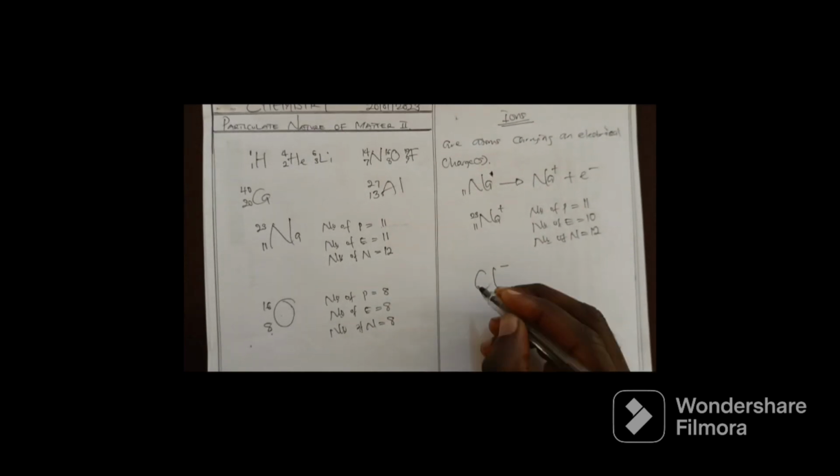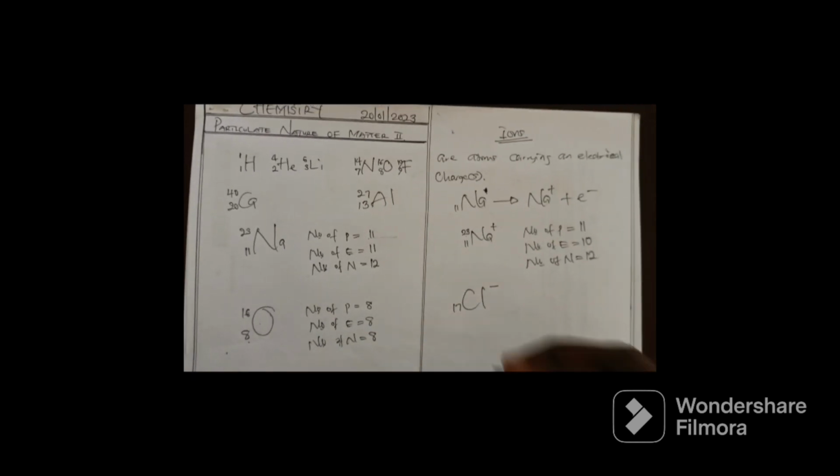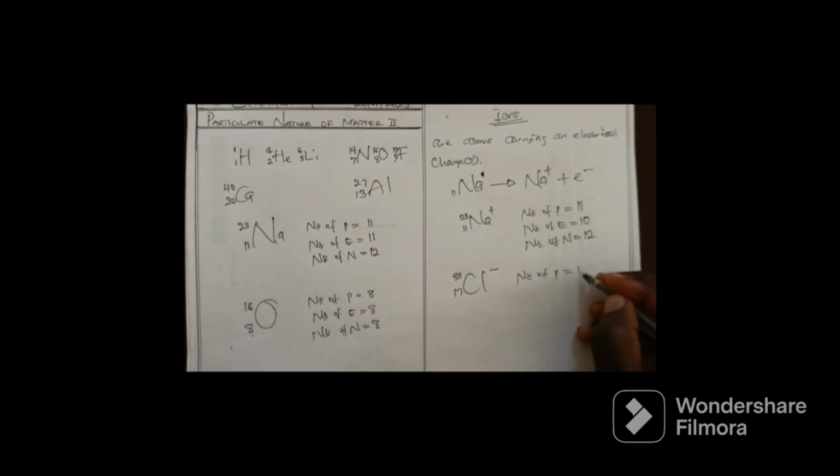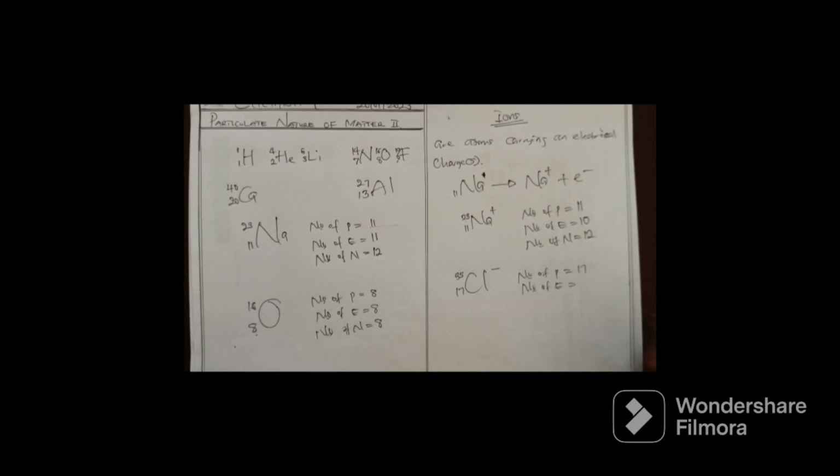Now chlorine has atomic number of 17, so what will be the mass number? The mass number will be what? 17 times 2 then plus 1, which is what? 35. So number of proton is 17. Yes, number of electron will be what?